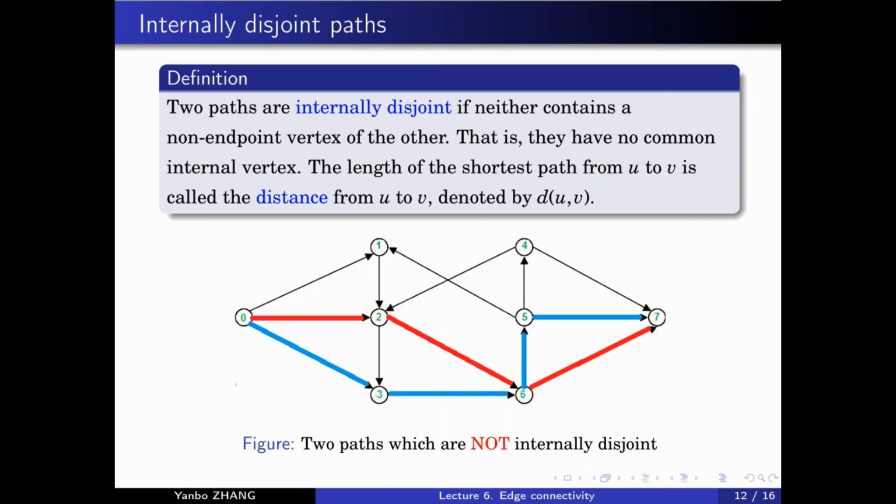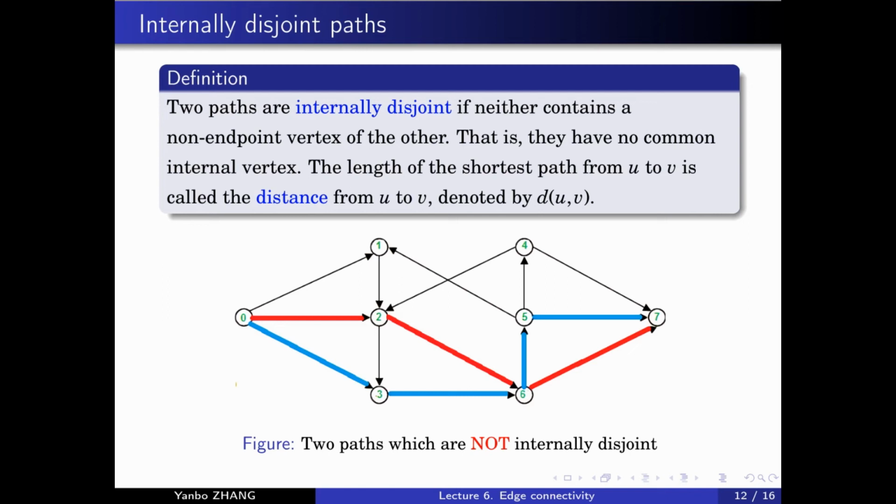This is a negative example. Two paths from 0 to 7 which are not internally disjoint. They have a common internal vertex 6.